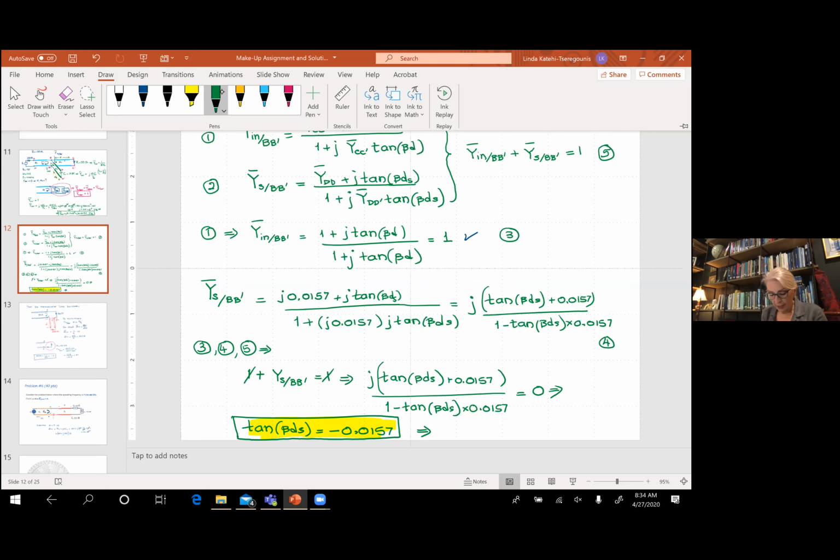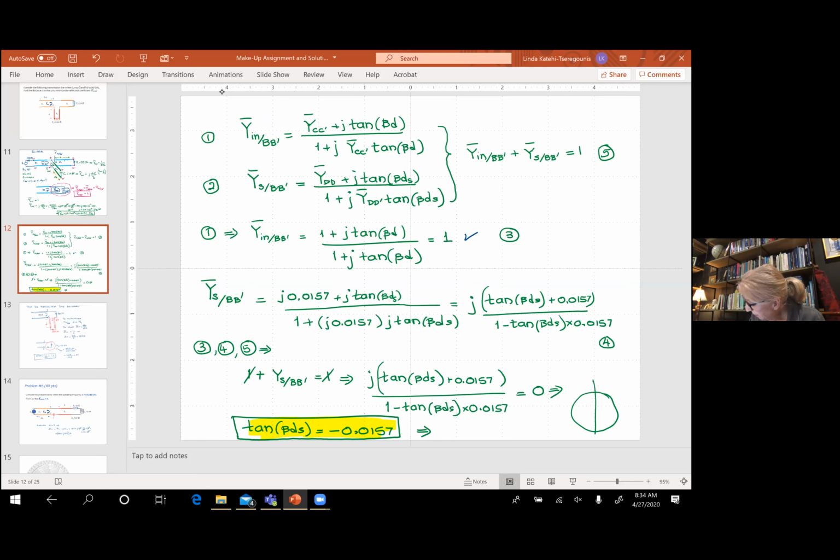So in fact, what if I were to add 2π? Or what could it be? If it's negative, it can be plus 180 degrees, not 2π, plus π. Because if the tangent is negative, here it's an angle.